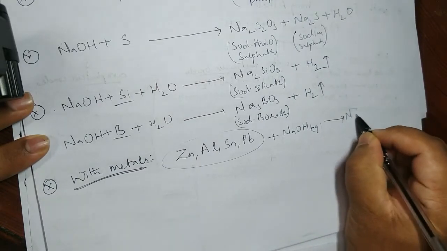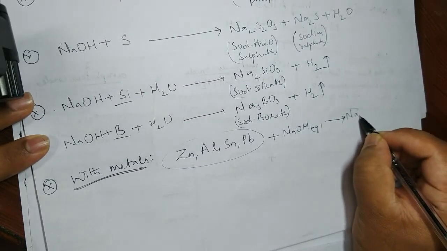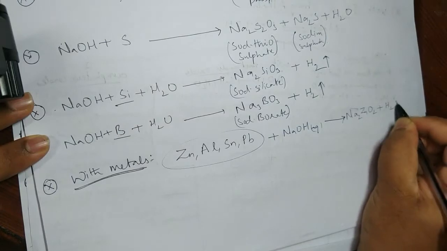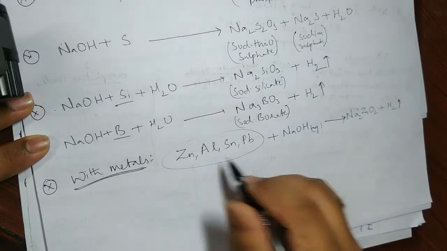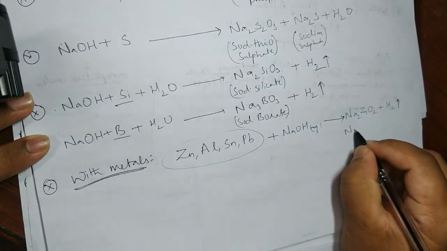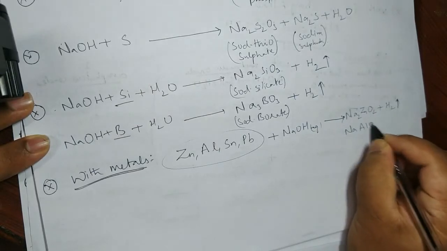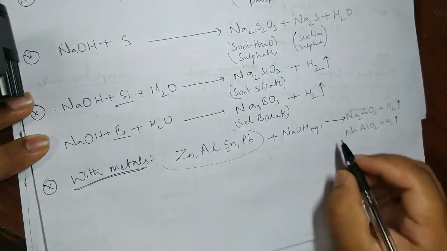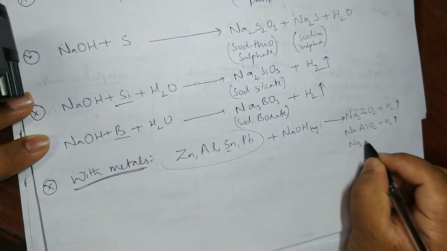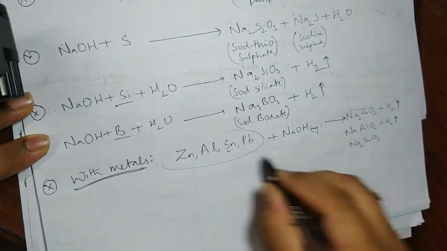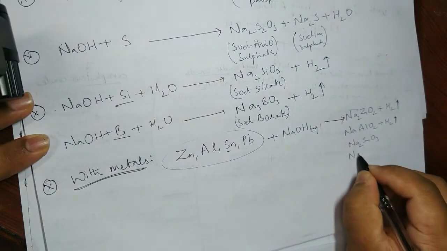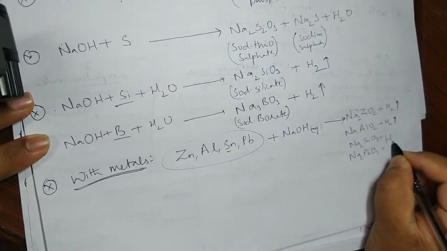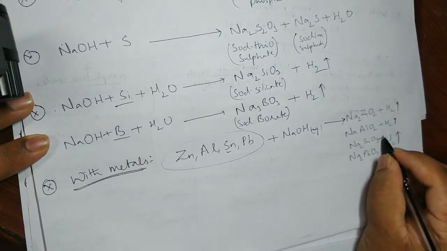So I write it as Na2ZnO2 plus H2, and if it is aluminium we have meta, that is NaAlO2 plus H2. If it is tin, Na2SnO3, and if it is lead, Na2PbO3 plus H2 gas is released.